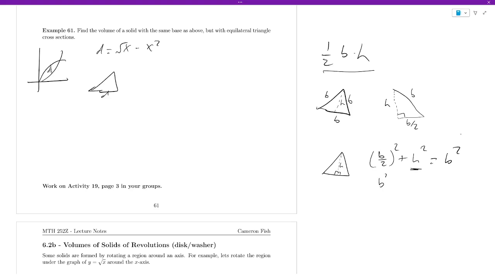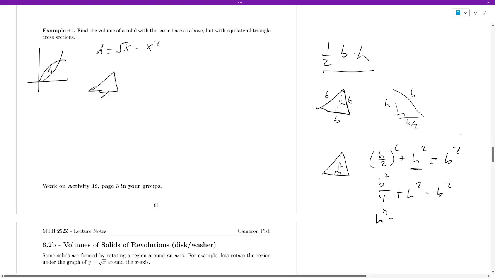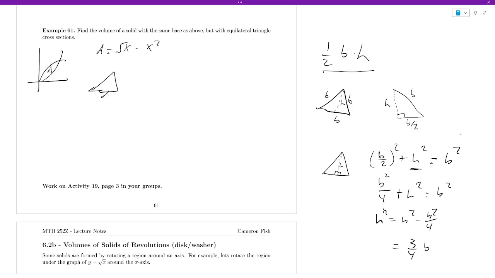So let's just simplify this. b squared over 4 plus h squared is b squared. Oh, I can subtract. Nice, right? h squared is b squared minus b squared over 4. And then I have 1 of a thing minus a quarter of a thing. So I have 3/4 of a thing.